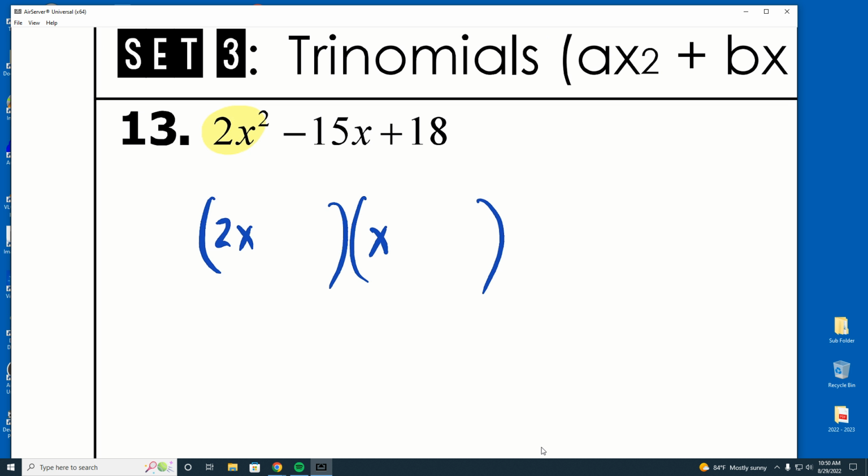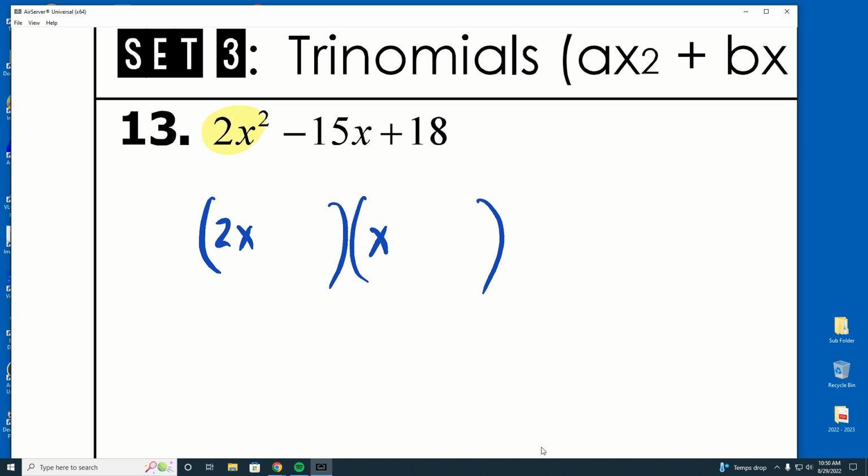Because those are not both just x, it messes with our other values, because we can't just look at the 2 numbers that multiply to get 18 and combine to get 15. Think about it. What are 2 numbers that multiply to get 18 but combine to get negative 15? Well, negative, negative. What multiplies to get 18 and combines to get 15? Well, there's nothing, right?